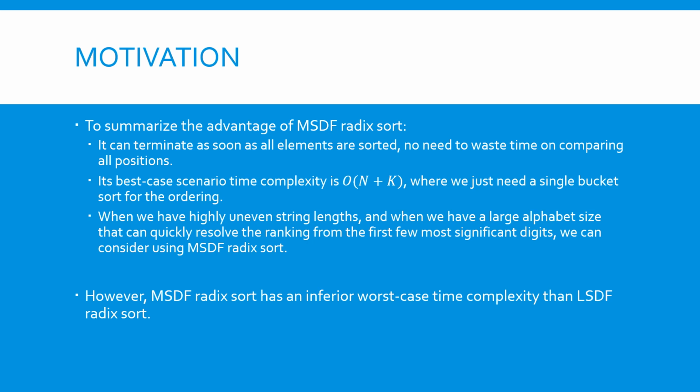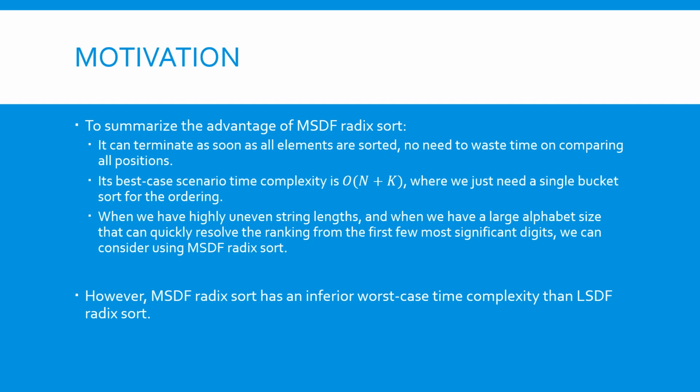So, from the above example, it is easy to conclude the advantage of MSDF Radix sort. It can terminate as soon as no ambiguity regarding the sorting order presents. Hence, the best scenario time complexity for MSDF Radix sort is O(m + k), W times faster than the LSDF Radix sort.